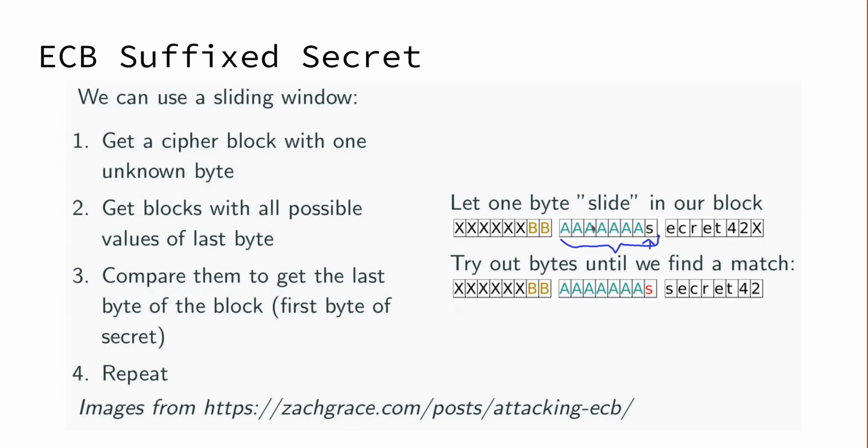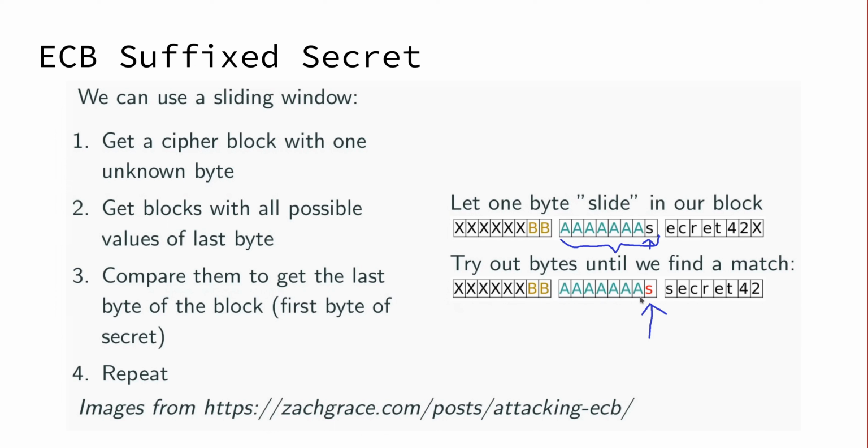So since we have this block now, the encryption of this block, we can just try out all 256 different values of the last plaintext byte and always submit it to our oracle.